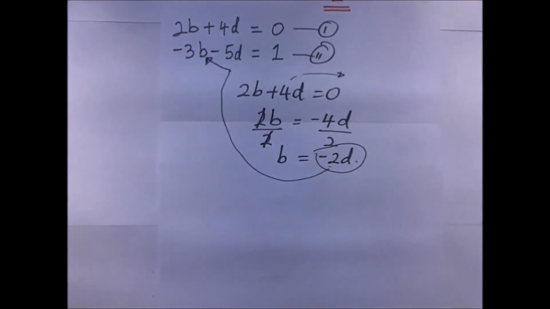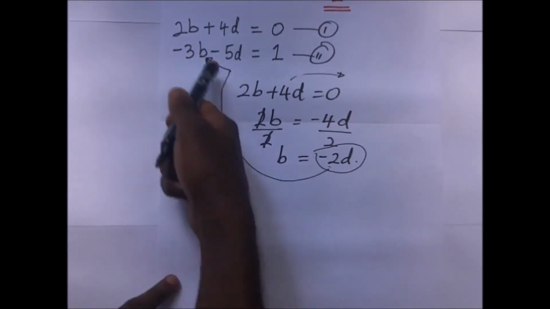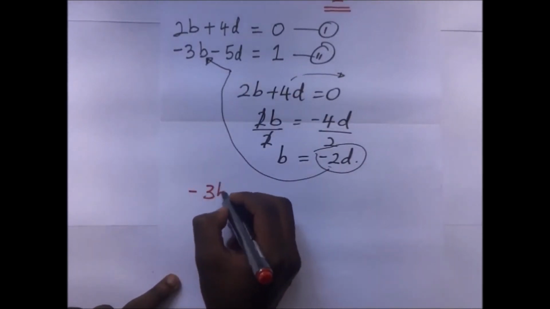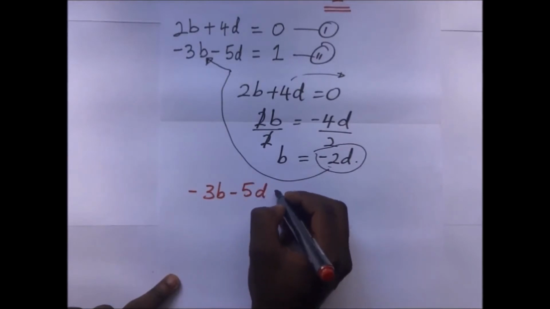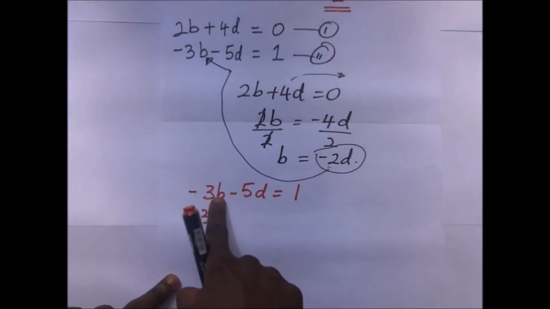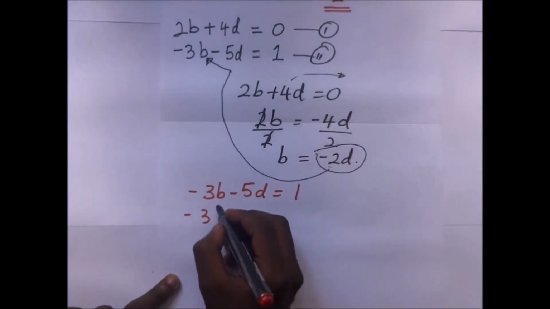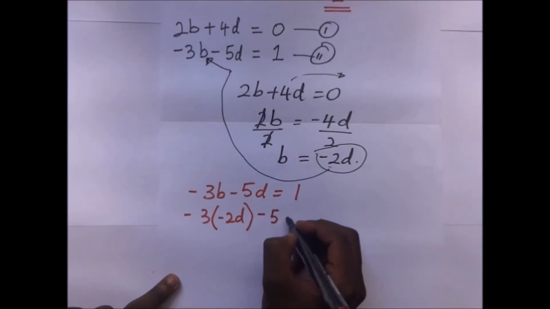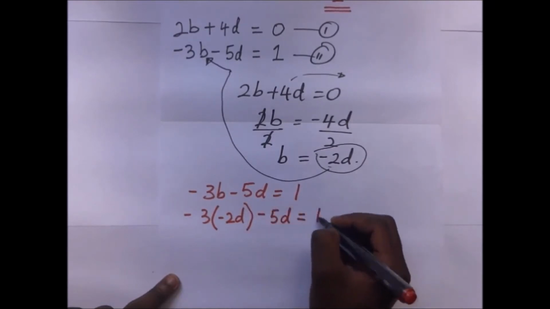So our second equation is going to become like this. Our second equation, which was originally negative 3b minus 5d is equal to 1, is going to become negative 3 times negative 2d minus 5d is equal to 1.